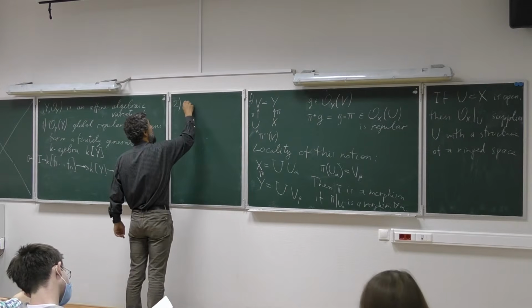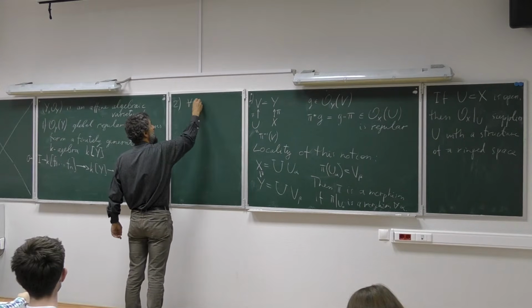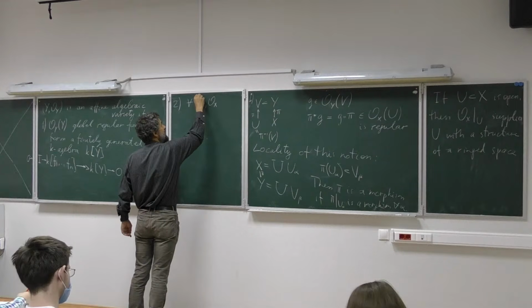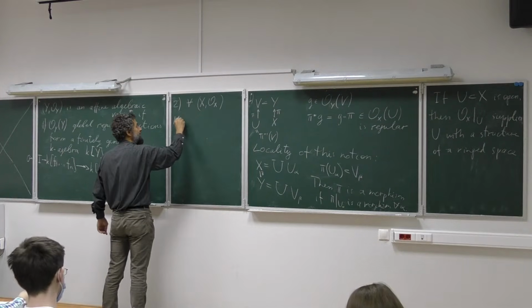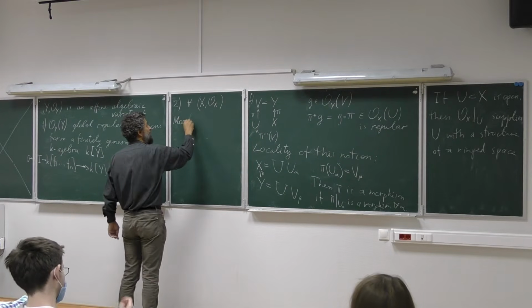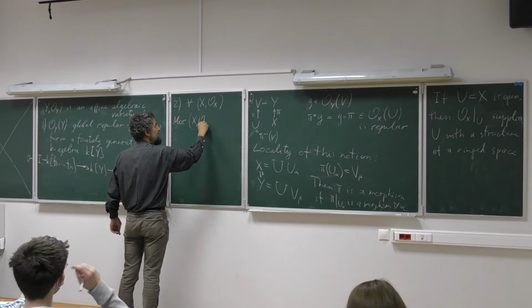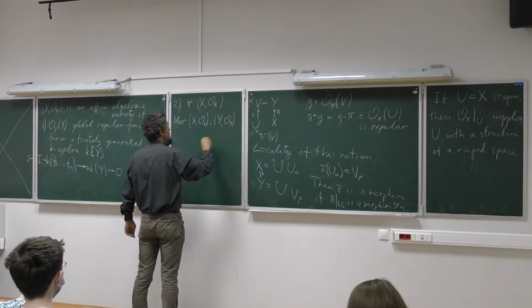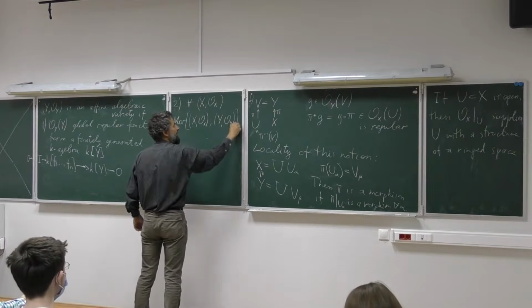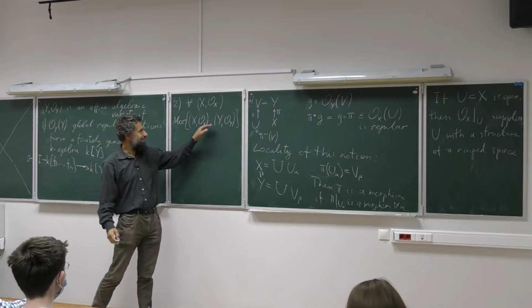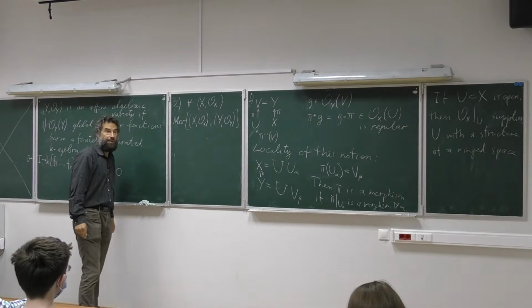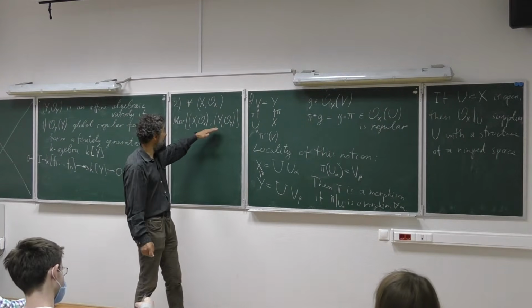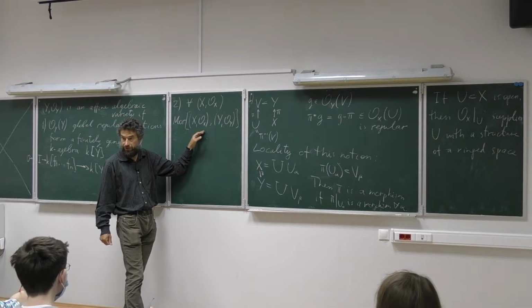I can take some other ringed space, a test space X, and consider all the morphisms from X to Y. In particular, they act somehow on the global regular functions.